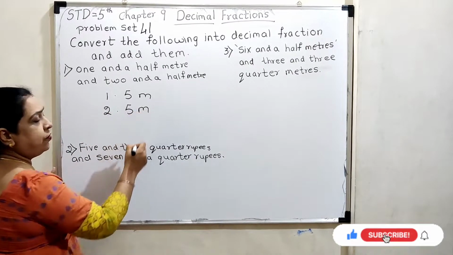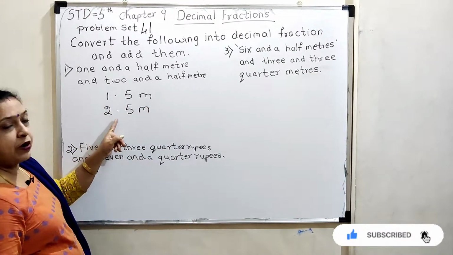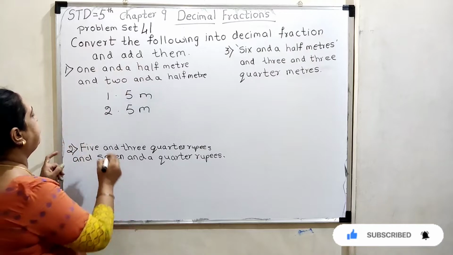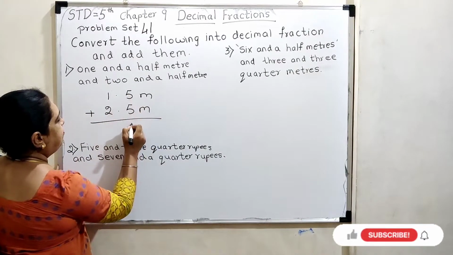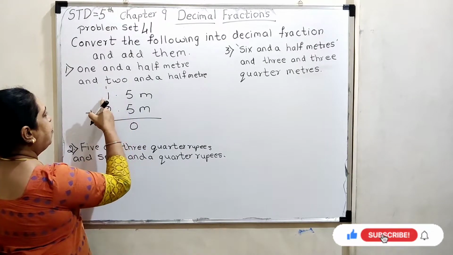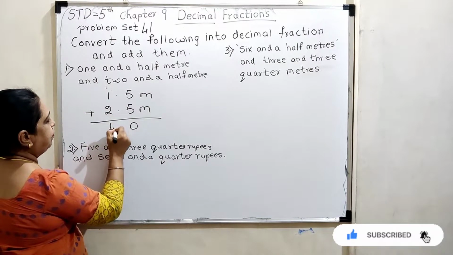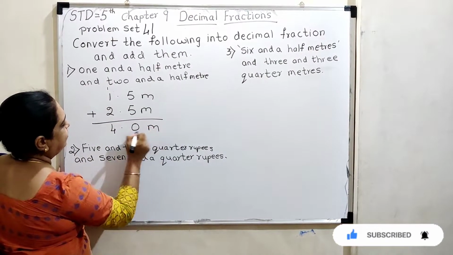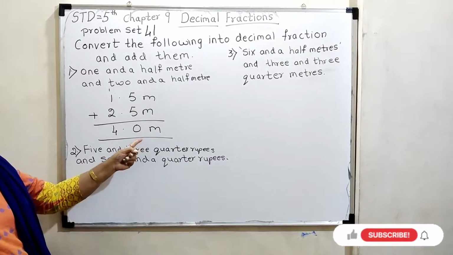I taught you all before. They have told us to add them. So we have to add. 5 plus 5 is 10. So 0, carry 1. 1 plus 1, 2. 2 plus 2 is 4. So 4.0 meter. Understood?